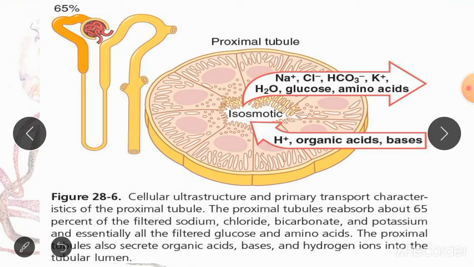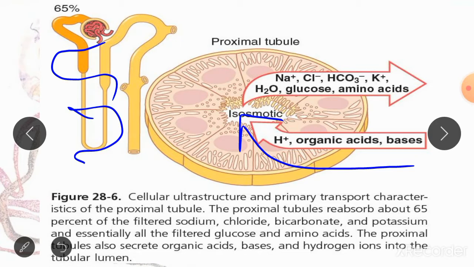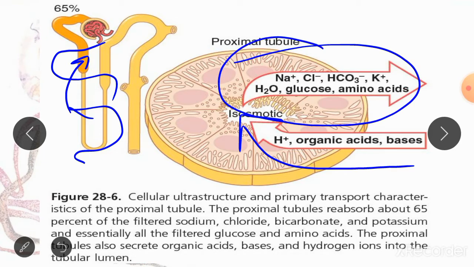So this figure shows that from the lumen, sodium, chloride, bicarbonate, potassium, water, glucose and amino acids are being reabsorbed, and hydrogen ions and organic acids or bases are being secreted. Here you can see the peritubular capillaries, and they are secreting waste products into the lumen to be excreted, and they are reabsorbing all of these substances from the lumen into the peritubular capillaries.